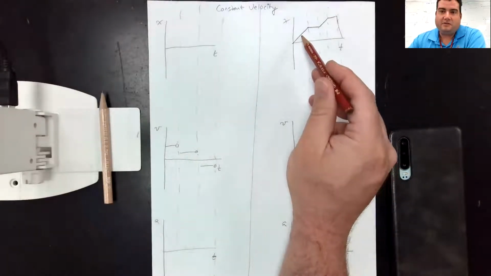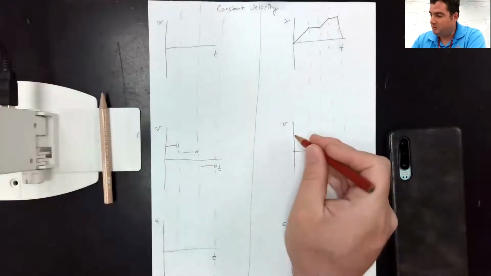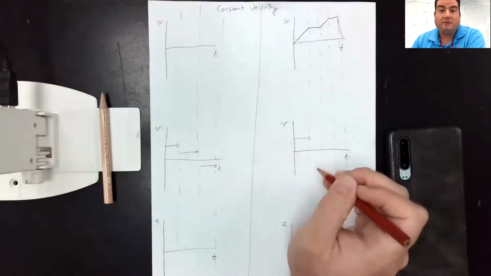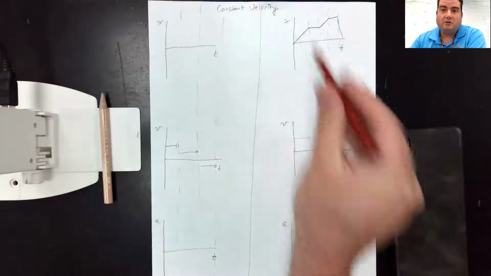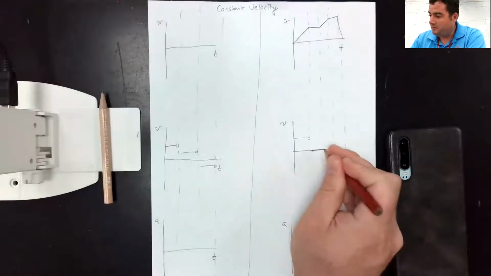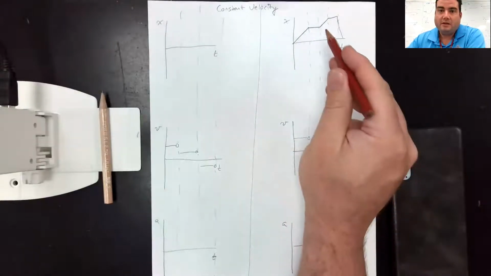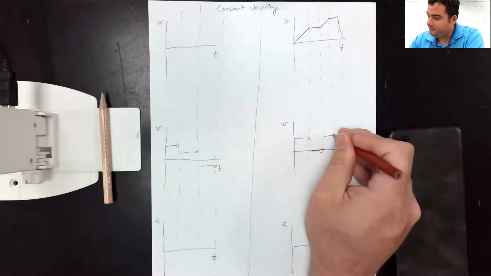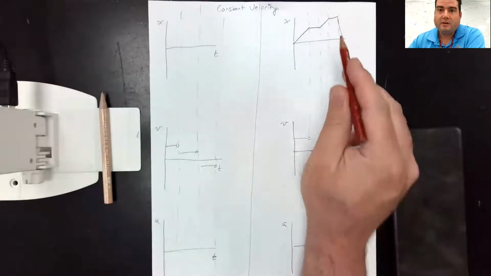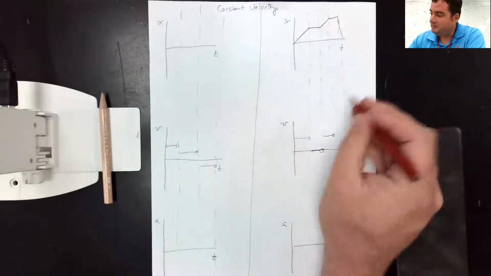Just as a review, this is a relatively steep slope that corresponds to a fairly big velocity. No slope, that corresponds to no velocity. Same slope as before. Still positive, but not as much.